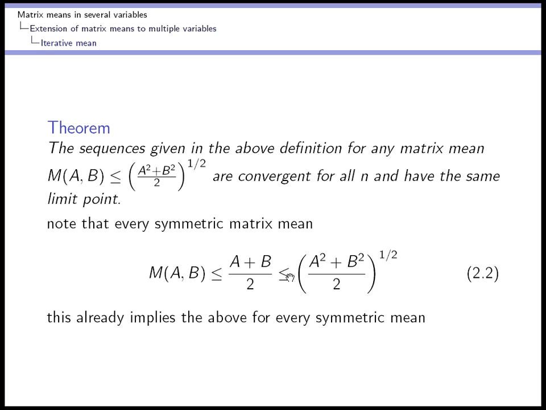So, for instance, we have 3 vertices. Let us label them like this. Let us suppose that the mean of the 2 corresponding matrices will be the next first element. The mean of the second and the third will be the second element, and this will be the third element.